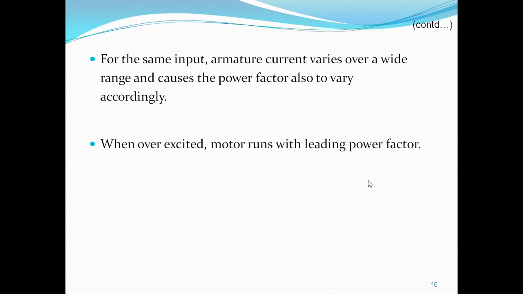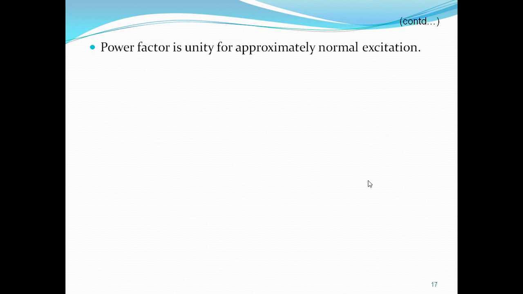At what power factor does the motor run? The motor runs with leading power factor when over excited, and with lagging power factor when under excited.